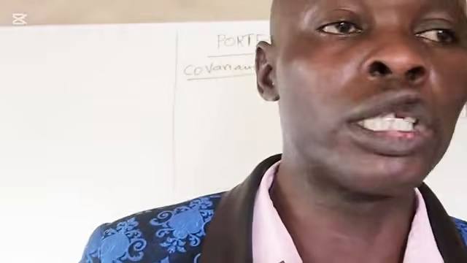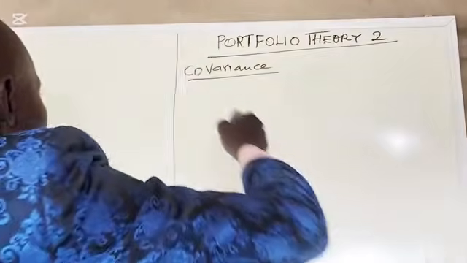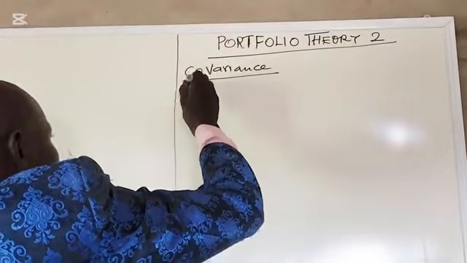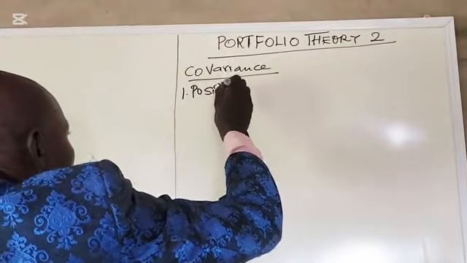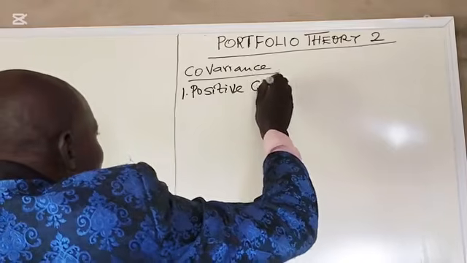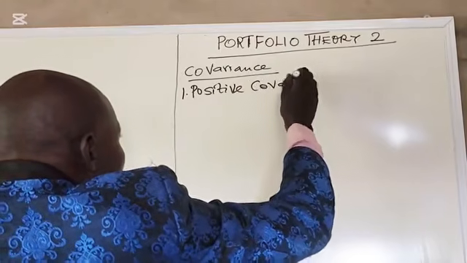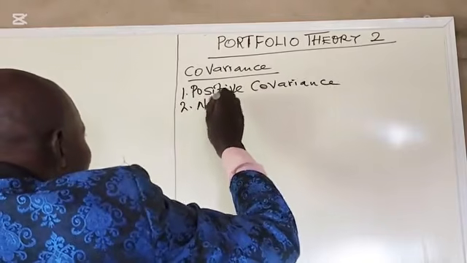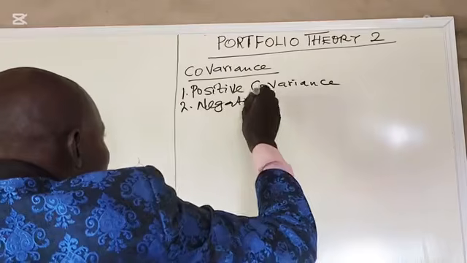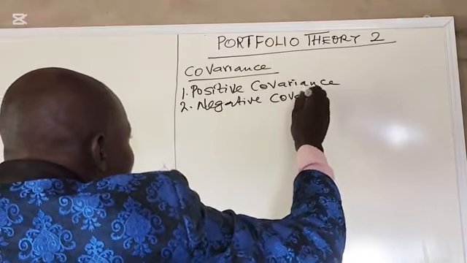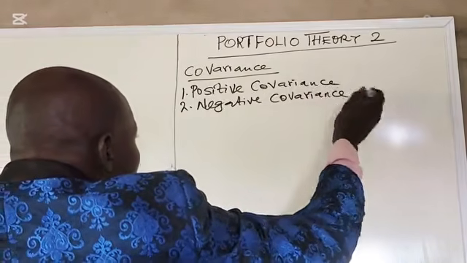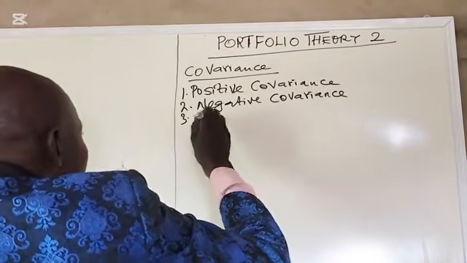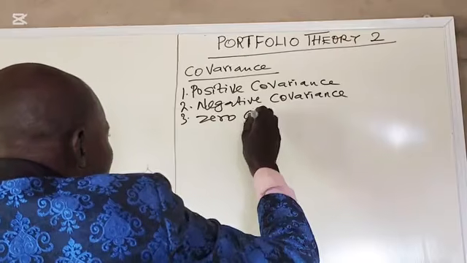There are three possible outcomes. One, positive covariance. Two, negative covariance. Three, zero covariance.